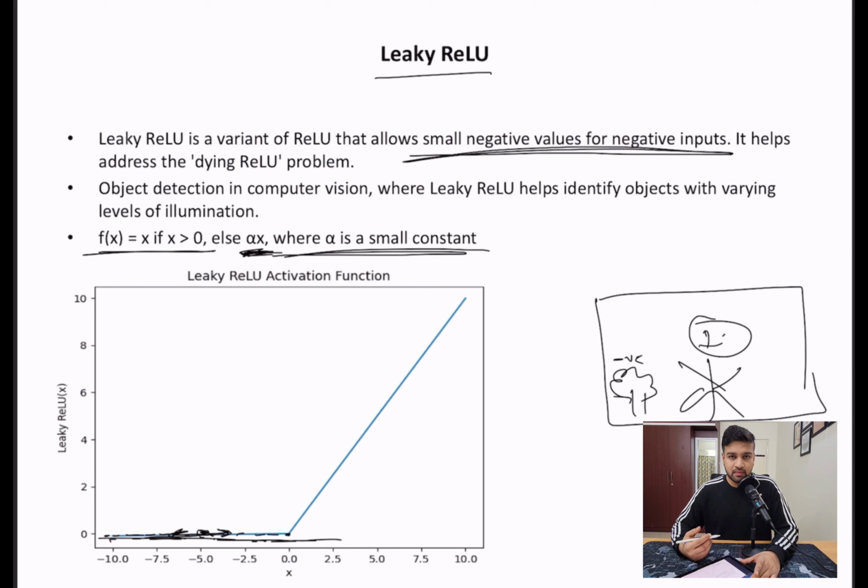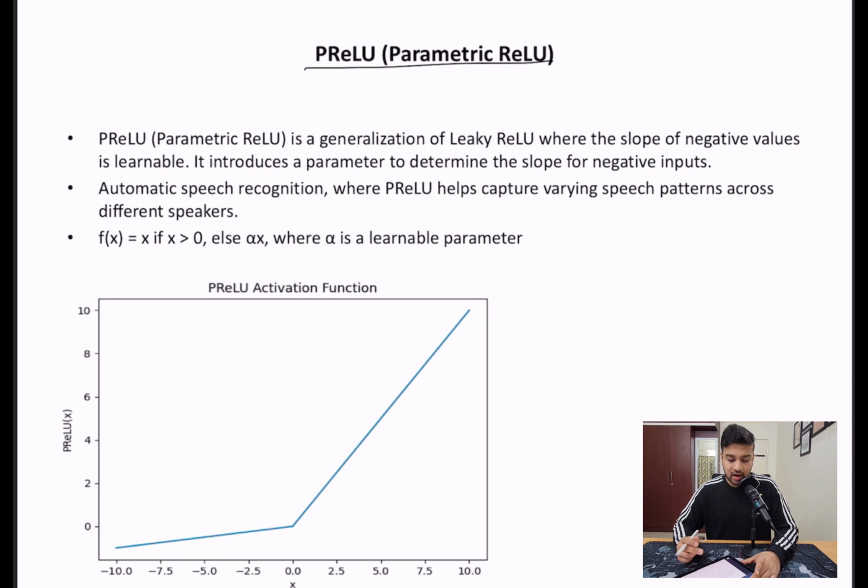This is something that we supply outside of the model, so it becomes a hyperparameter. Whereas in Parametric ReLU, it was seen that if you let alpha be a learnable parameter, then certain categories of tasks, such as automatic speech recognition, improve a lot. If it is a learnable parameter, it is able to identify different kinds of speakers.